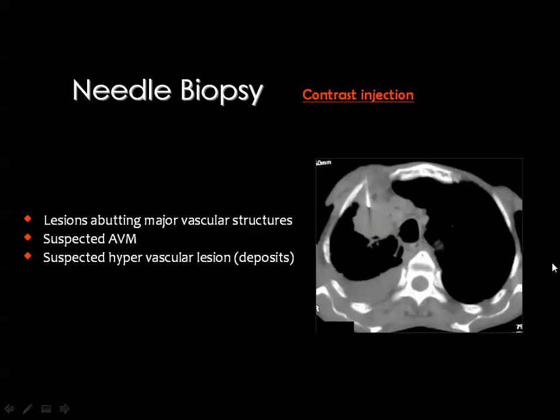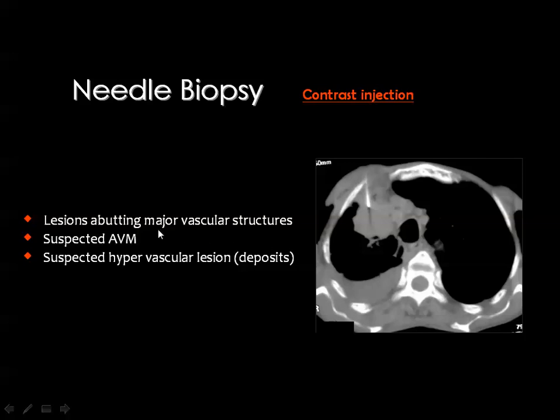Then if you look here, this is an example of an anteriorly located lesion, and it is intimately related to the chest wall. There is no lung tissue across the needle track, and this is a good approach rather than the posterior one or the lateral one, where you should pass through the pulmonary parenchyma to reach the lesion.